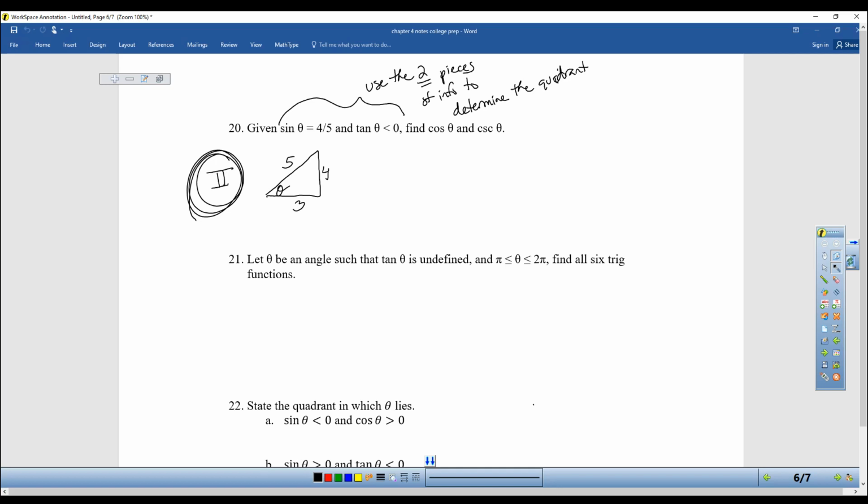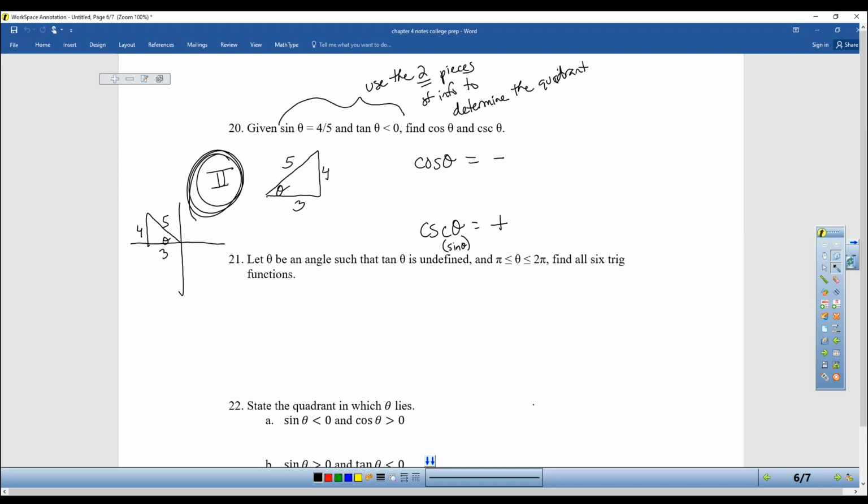Now, some people really like to redraw it. They like to draw the correct thing. So opposite, adjacent, 5 for the hypotenuse, so that they can have everything correct. You're not required to do that. I personally don't do that. I personally just sit there and say, well, if I'm in quadrant 2, cosine is negative. Cosecant is based on sine, so cosecant is going to be positive.